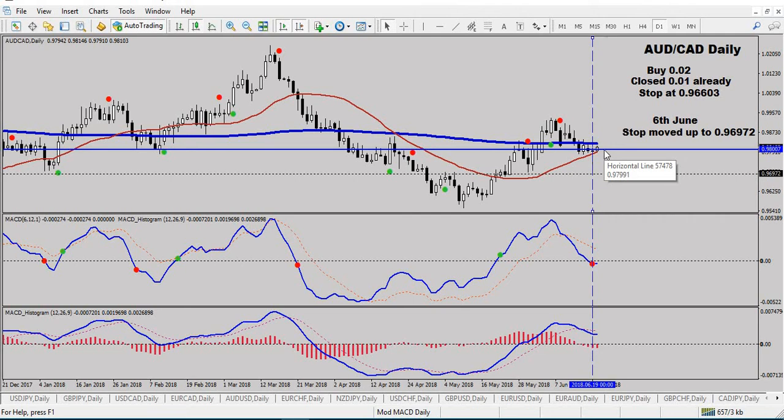Blue, I'll change that to red. I'll do the screenshot. So I closed the buy, overall profit, two parts to it, and now in a sell at this level here, about 0.98009. So in a sell, it's already gone against me a little bit, but it's a valid sell signal. The only thing I probably don't like is the two MAs are very close to each other. Getting very tight there, but still a valid sell signal.